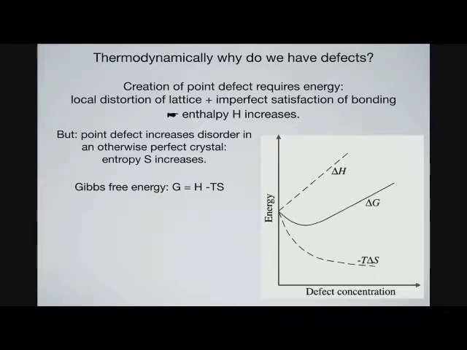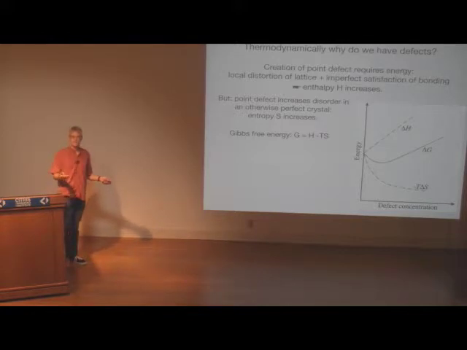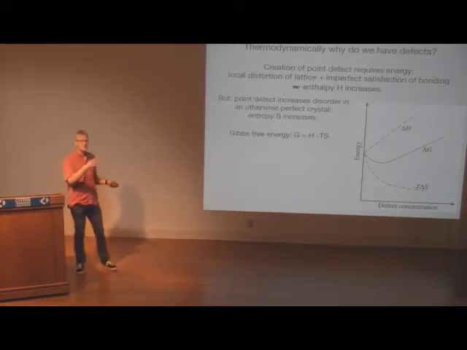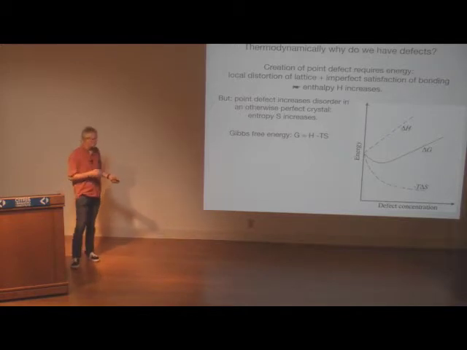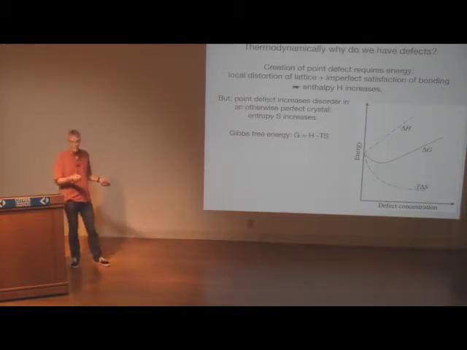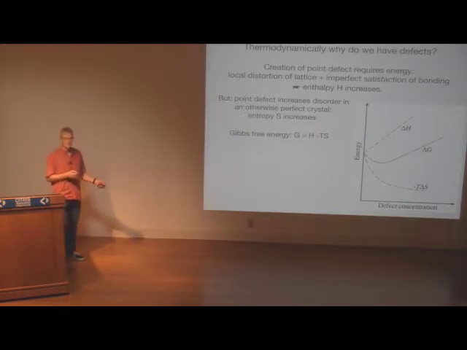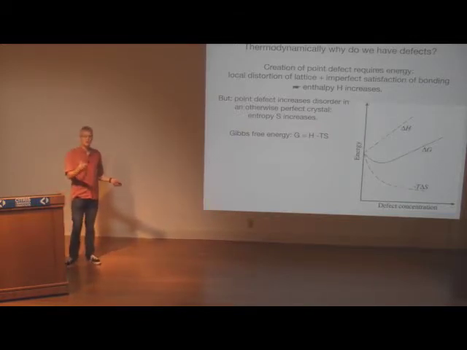The more atoms we take out, the higher the penalty we pay, the more energy we have to be prepared to spend to take these atoms out. On the other hand, as we do that, certainly initially, we get something back in the form of entropy, right? We gain entropy. The entropy increases as we introduce more and more defects. So those two are in competition with each other.